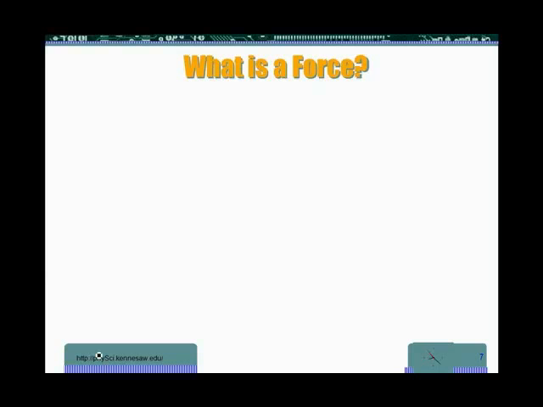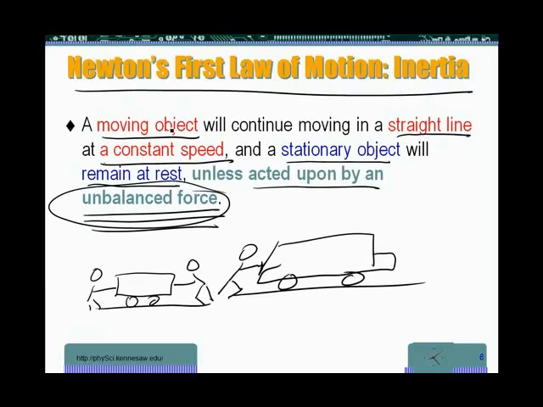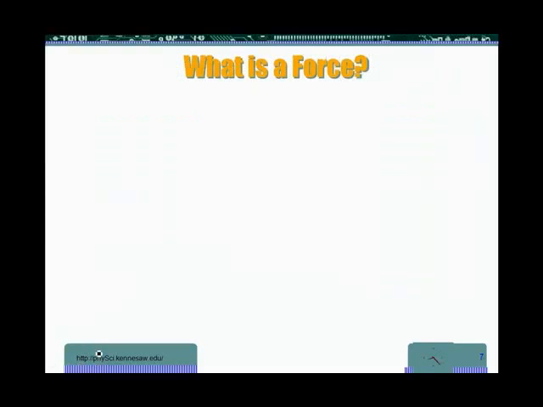In all those cases, we know of the existence of the force because of the effect that it's going to have on the motion of an object. It's essentially going back to Newton's first law of motion. If we see an object changing its speed or changing the direction at which it is moving, then we know there must be an unbalanced force acting on it.